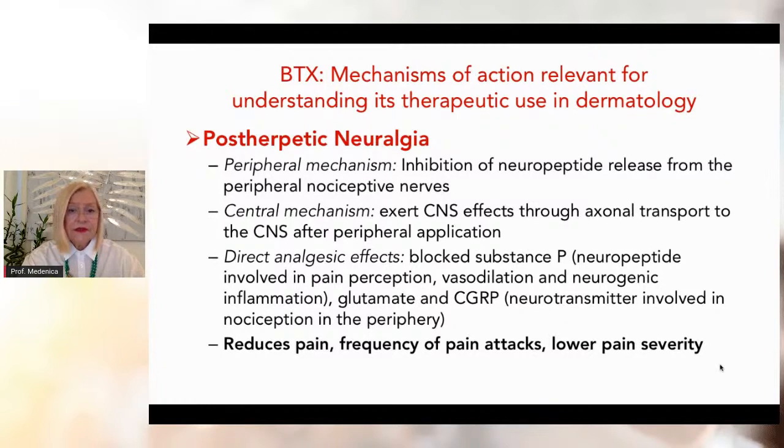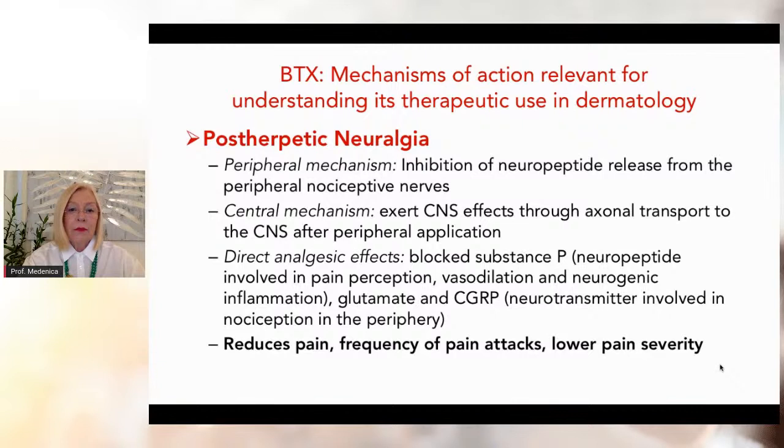The central mechanism exerts central nervous system effects through axonal transport to the CNS after peripheral application. And also, botulinum can give us direct analgesic effects by blocking substance P, a neuropeptide which is involved in pain perception, then vasodilatation and neurogenic inflammation.